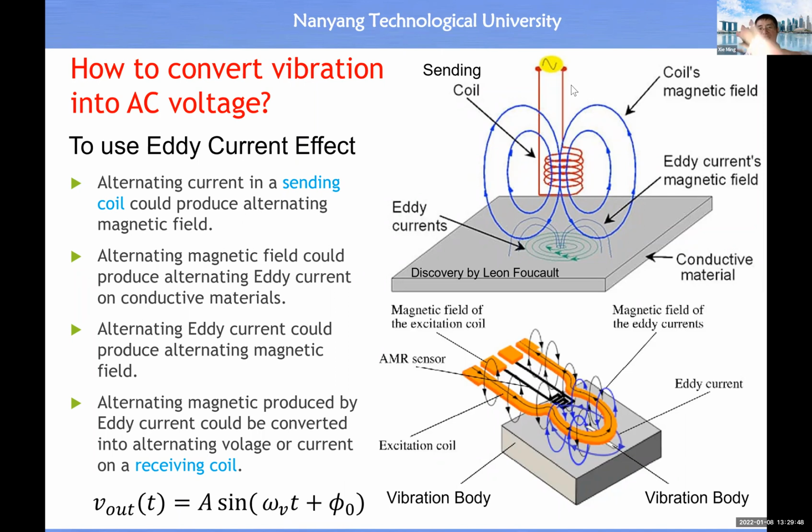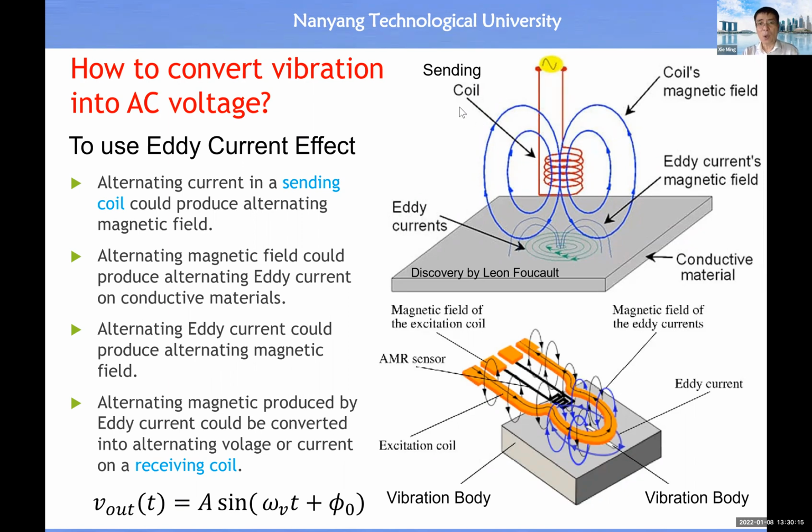We should ignore the parameters of this signal. Try not to confuse the frequency of vibration of this conductive body or metallic body with the frequency of the applied AC voltage. So here I use omega V, where V means vibration, nothing to do with this frequency here.